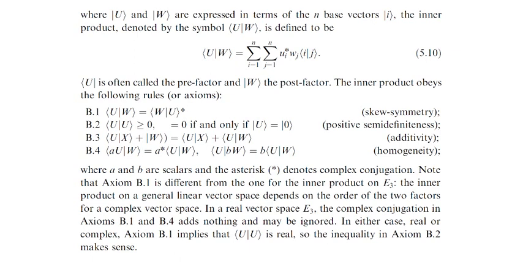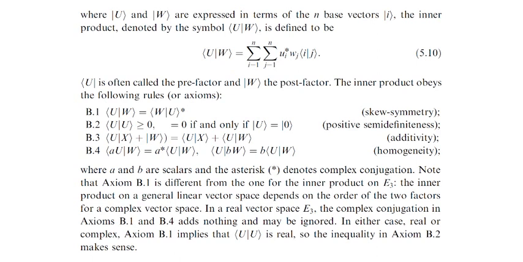We've changed the index of summation to j, but the span is the same, from 1 to n, for the vector w. Why we have written it like this, we will understand as we progress. This conjugate vector u is called the prefactor, and this w is called the postfactor in the inner product.